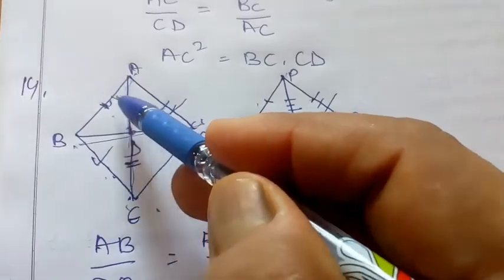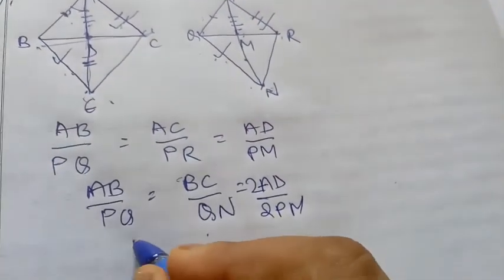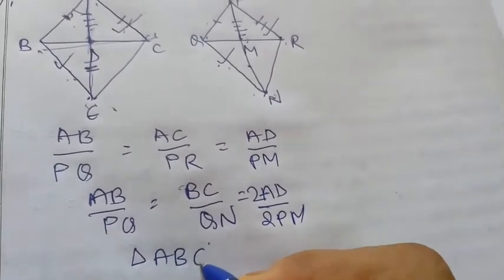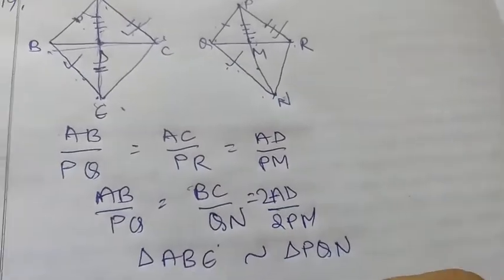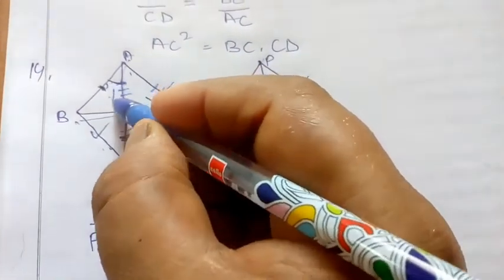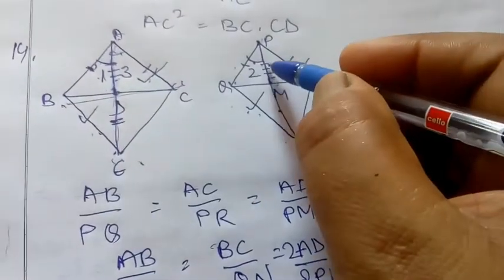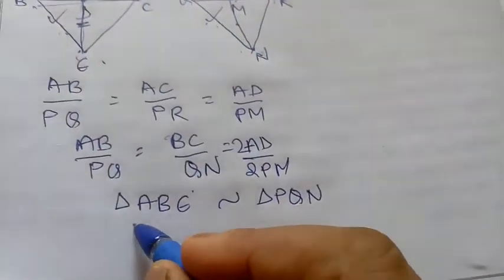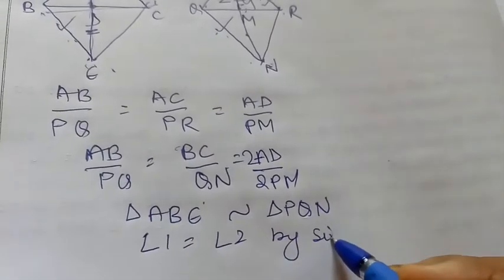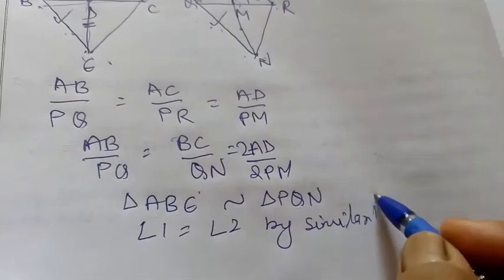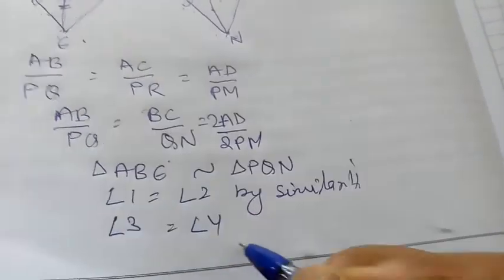Therefore, triangle ABE is similar to triangle PQN. In these triangles, label the angles 1, 2, 3 and 4. Angle 1 equals angle 2 by similarity. Similarly, angle 3 equals angle 4.